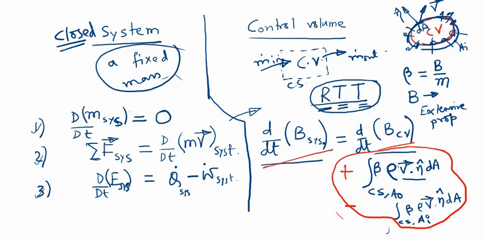So this term is required to be adjusted. In this lecture I am not going to derive this relationship, but we are going to use it to derive all the fundamental laws with respect to control volume.